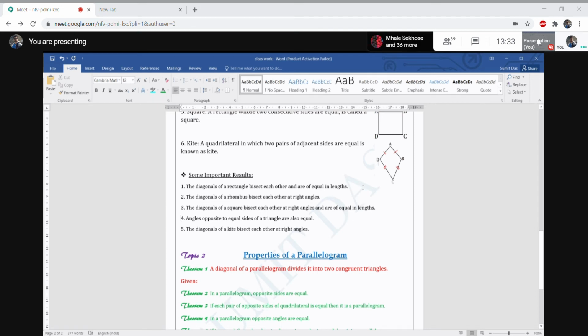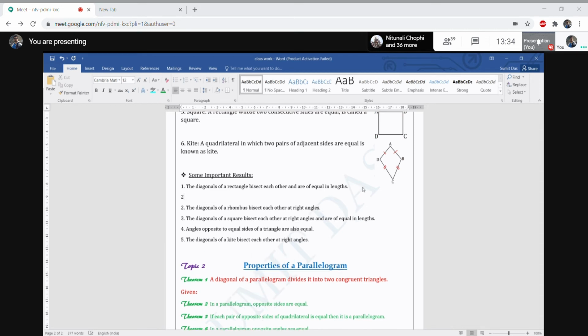Diagonals of a parallelogram. Let's put it: the diagonals of a parallelogram are equal in length.